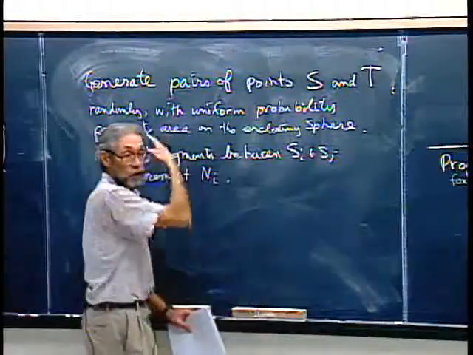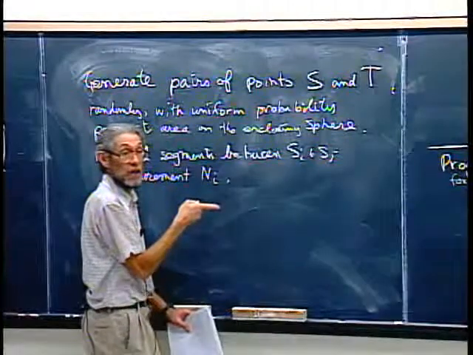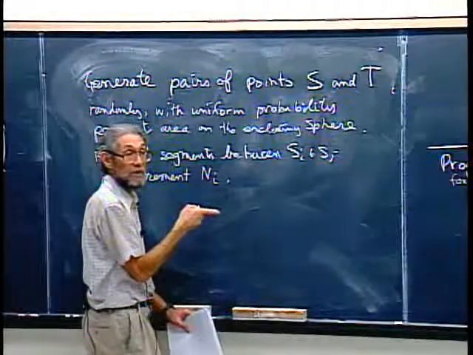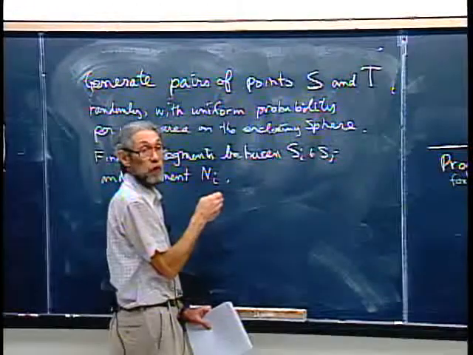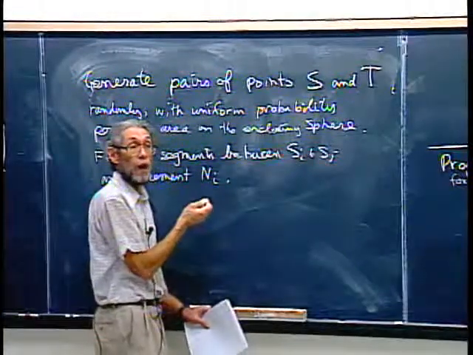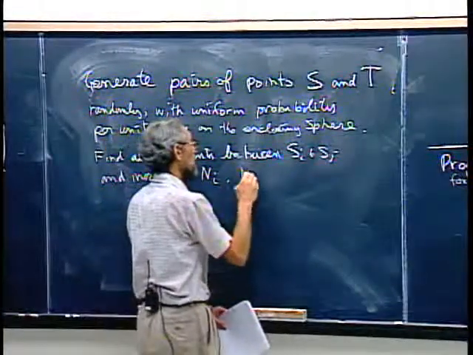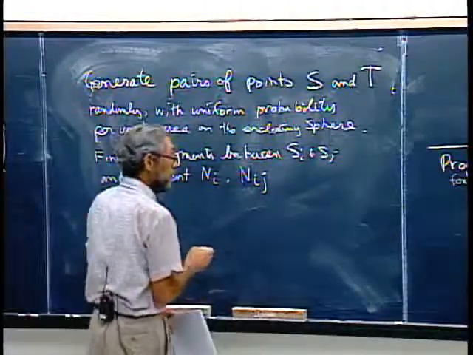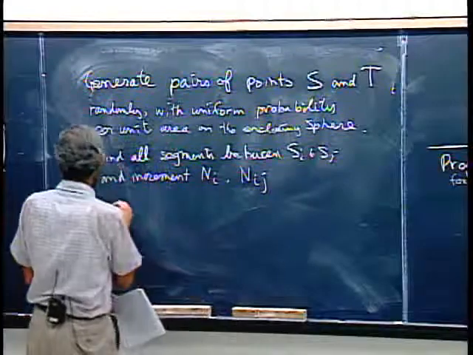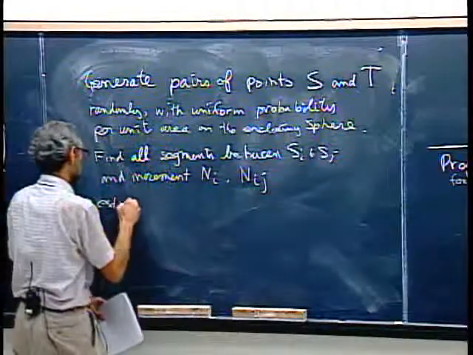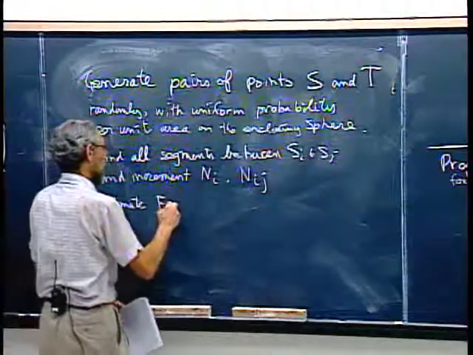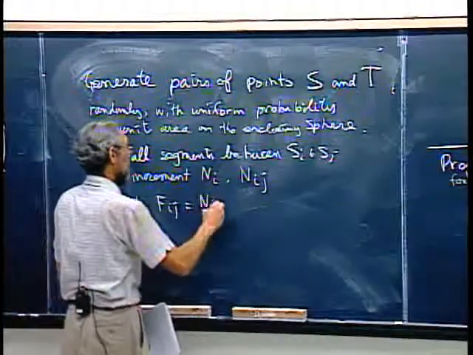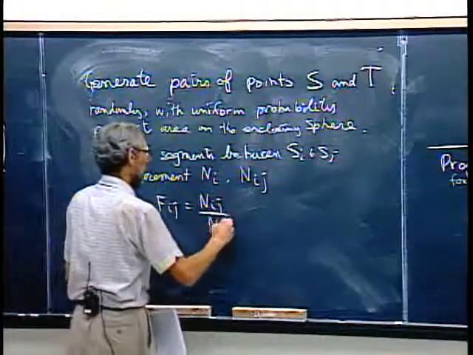Each time one of those rays hits the surface, you're going to increment Ni for that patch. And each time it goes from that surface to the next one, you're going to increment Nij. And then, as before, estimate Fij equals Nij over Ni.